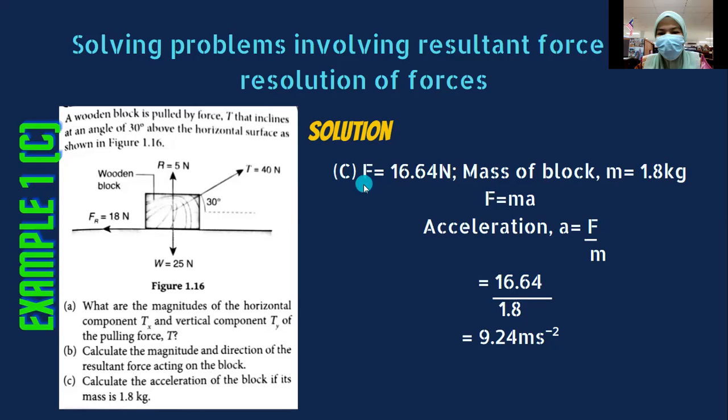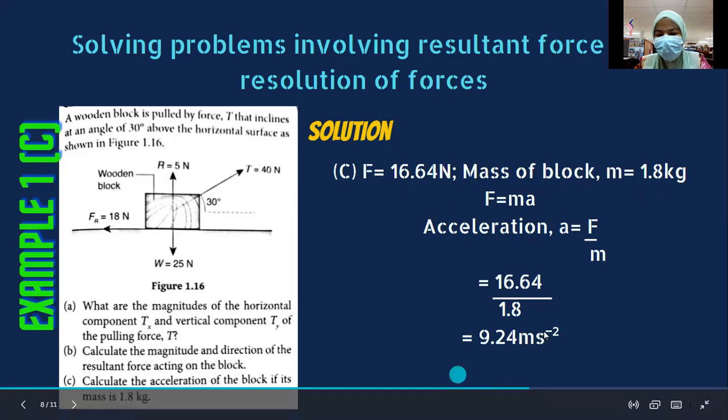F resultant on the X axis, horizontal component, is 16.64 Newton. Mass of the block is 1.8 kg. Acceleration a is equal to F over m, substitute and we get the answer 9.24 meter per second square. Make sure you use the correct unit.